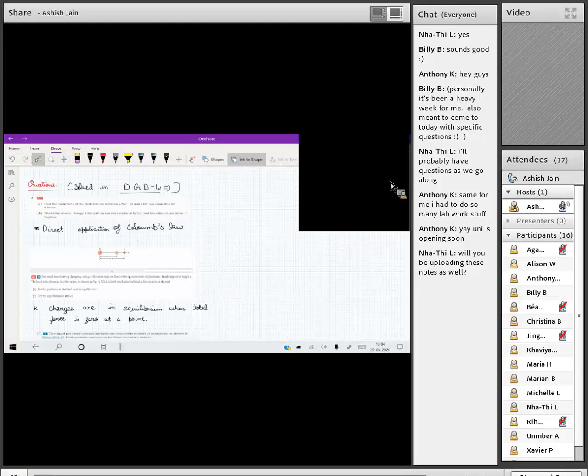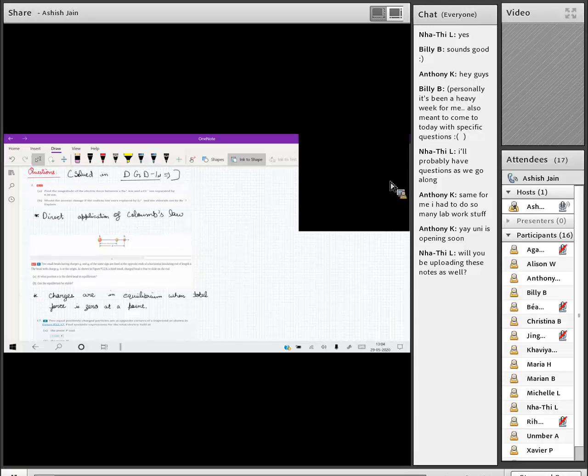I'm not solving this because I solved it in the previous DGD, so I'm just giving you the concept here. The formula you apply is Ke Q1 Q2 / r². Question B says, does the answer change if the sodium ion were replaced by a lithium ion? No, it doesn't matter the type of ion, it depends on the distance between them and the charge.